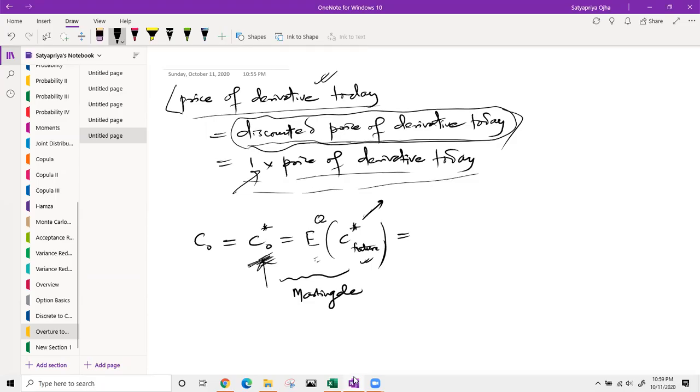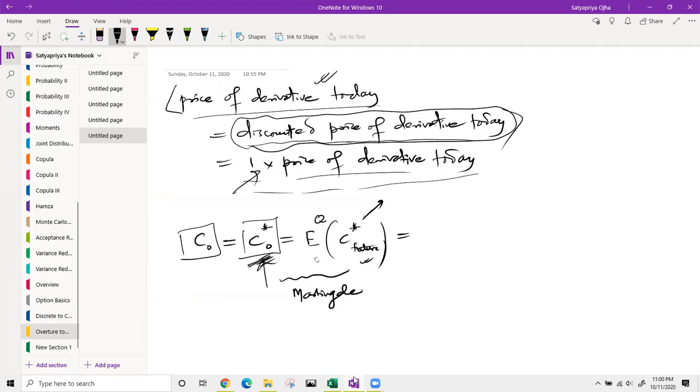Yes, at expiry. At expiry, we know the payoff is the price. So discounted price would be discounted payoff. In between, we don't know the price. It is saying the value of discounted call price today, which is the same as the value of the derivative price today, is the expectation of discounted call price at an arbitrary future point.